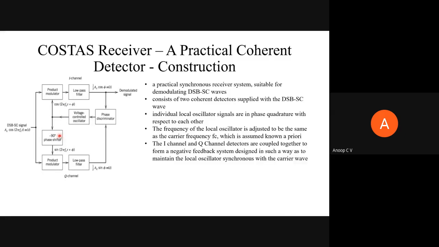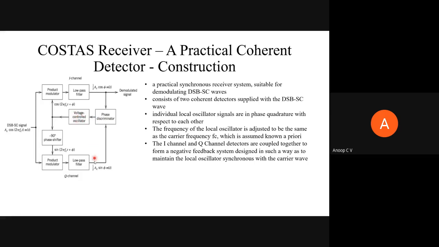Now we can see that the I channel and Q channel outputs are coupled together, and it forms a feedback system, of course a negative feedback system. In that feedback path we have a phase discriminator and a voltage controlled oscillator.